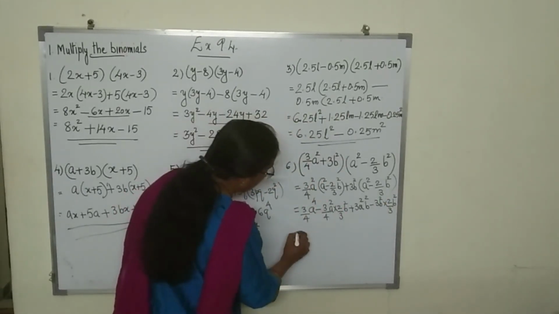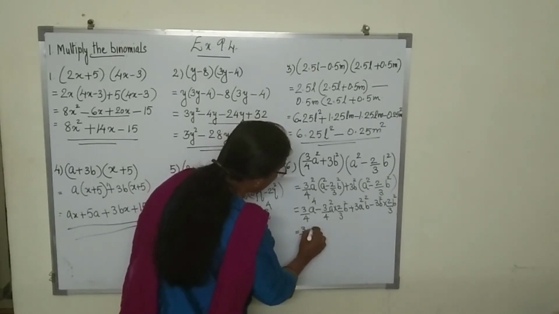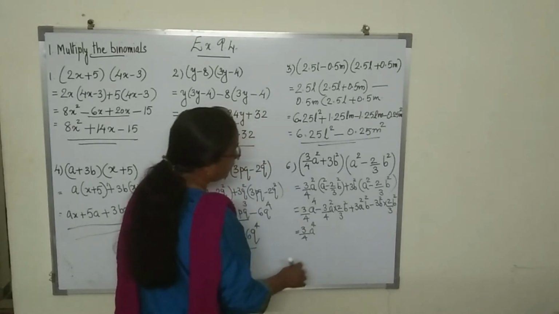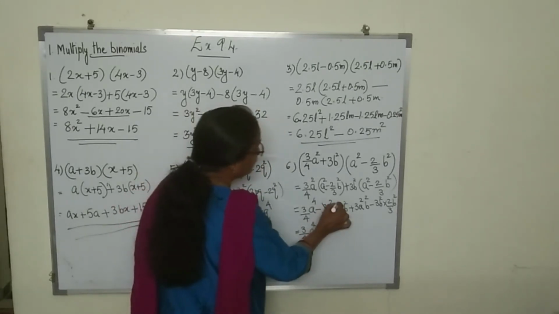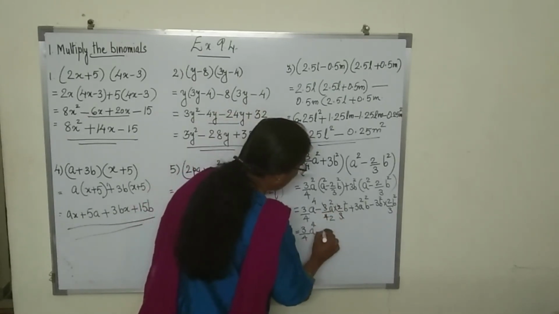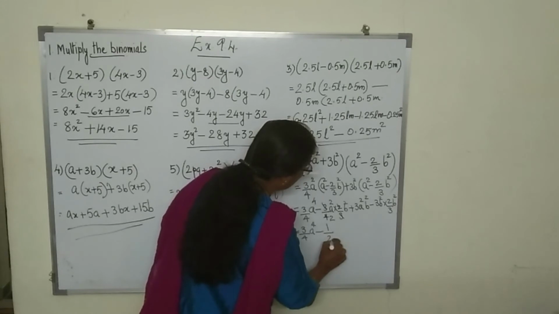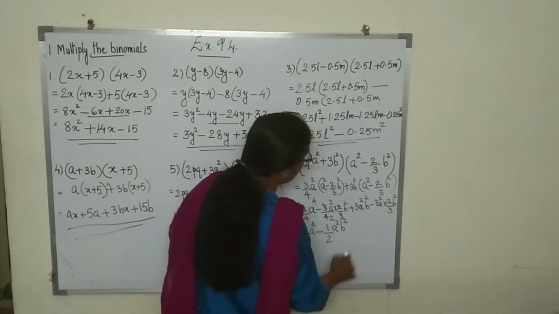Now this term will remain as it is, 3 by 4 a raised to 4. Here 3 can get cancelled, 2 2s are 4, so you get minus 1 by 2 a square b square.